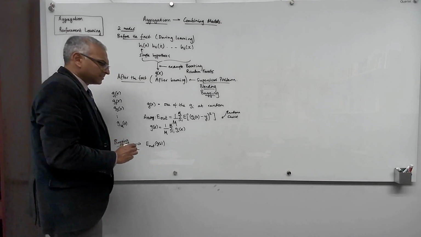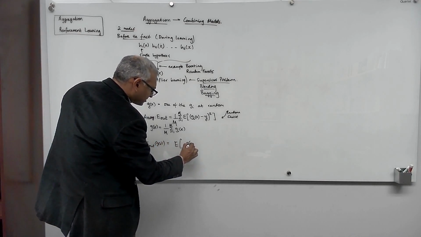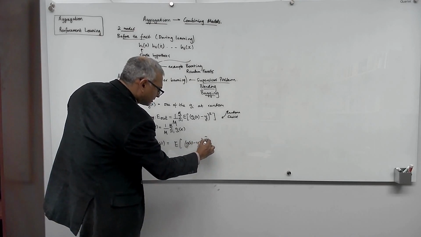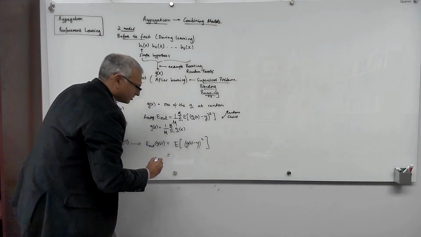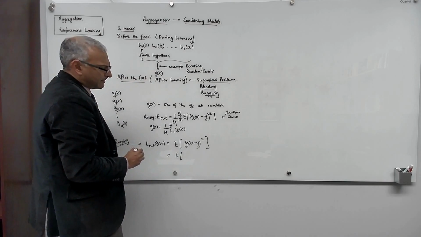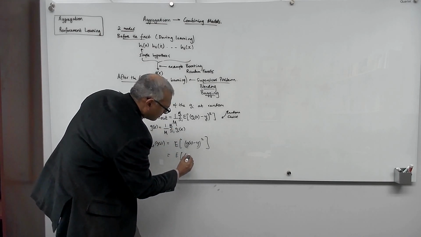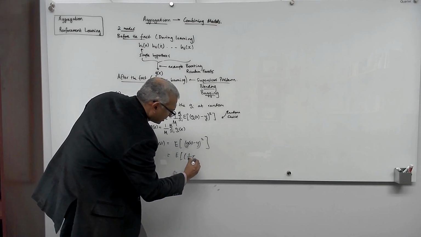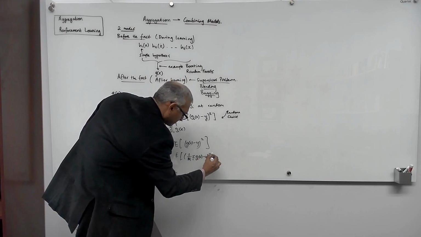E_out of g is equal to the expected value of (g of x minus y) squared. And now this g has combined all of these guys. So this is the expected value of (1 over M, the sum over i of g_i of x, minus y) squared.